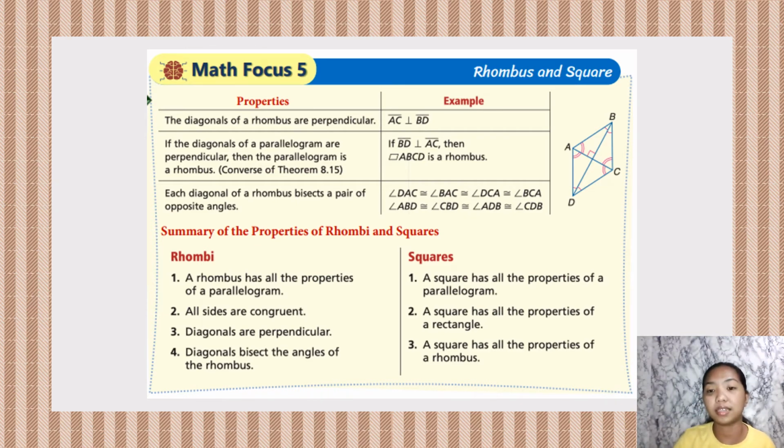If we say bisects, for example, line segment BD bisects angle B. That means if angle B measures 30 degrees, then ABD is equal to 30, the same as CBD is equal to 30. You may pause this part in order to read the properties of a rhombus and a square.